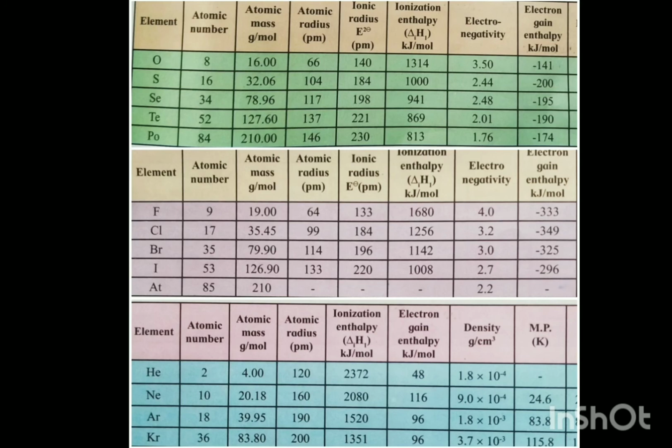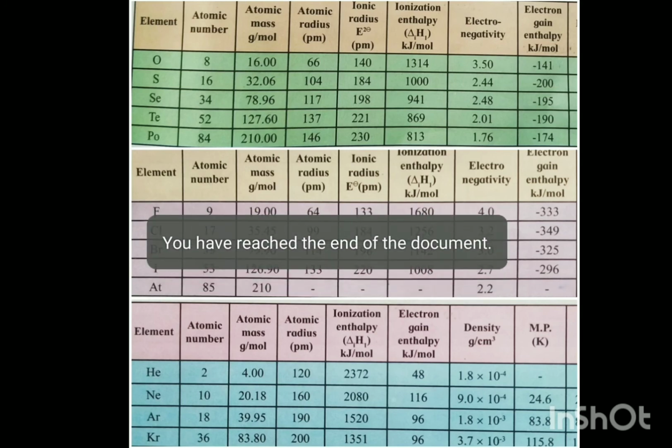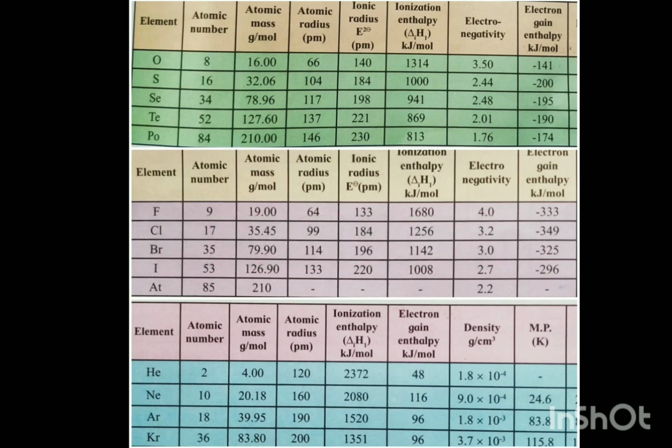The third property is electronegativity. The ability of covalently bonded atoms to attract the shared pair of electrons towards itself is called electronegativity.